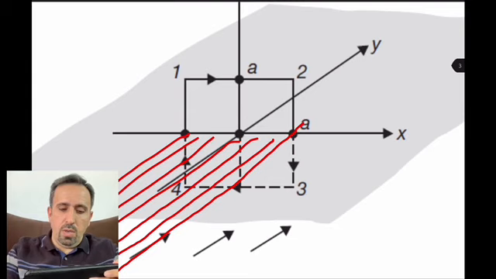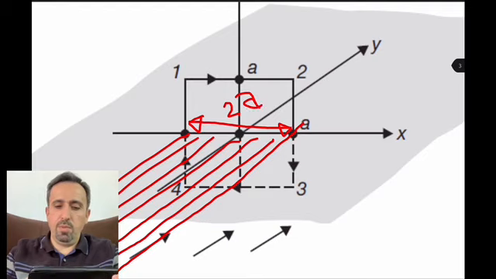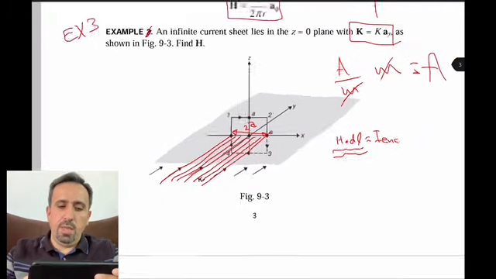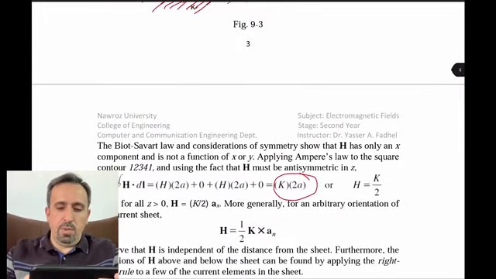So how much is the required length to be multiplied with it? It is 2a. For that reason, 2a will be multiplied by the current sheet density to get whatever we're looking for.